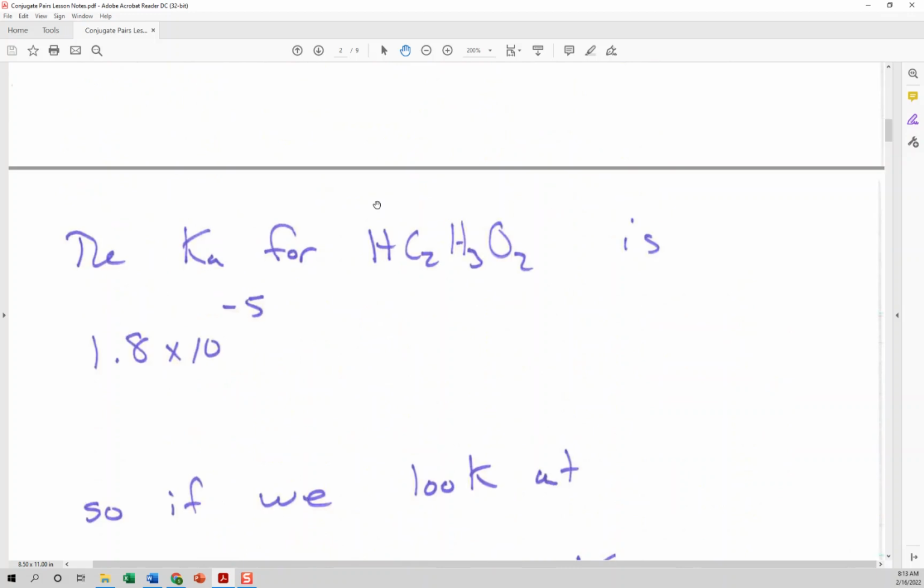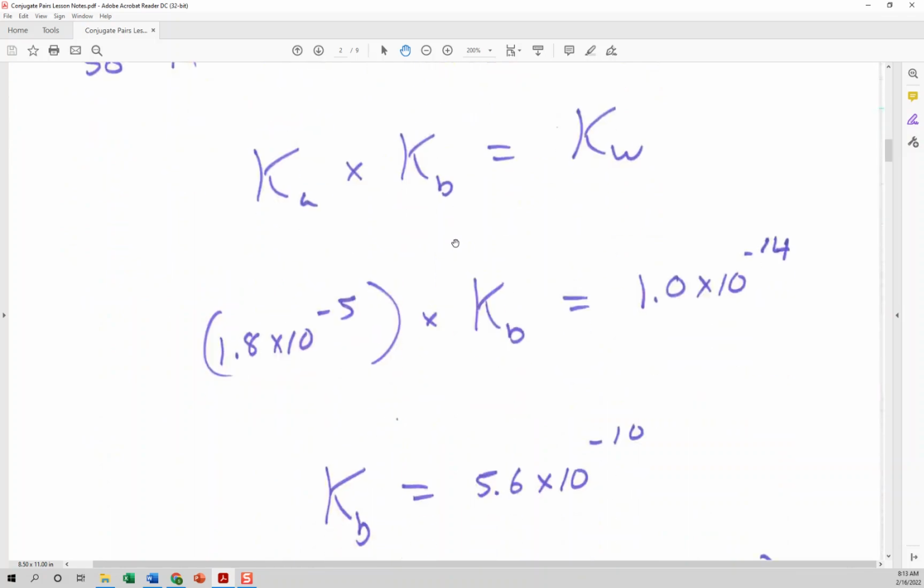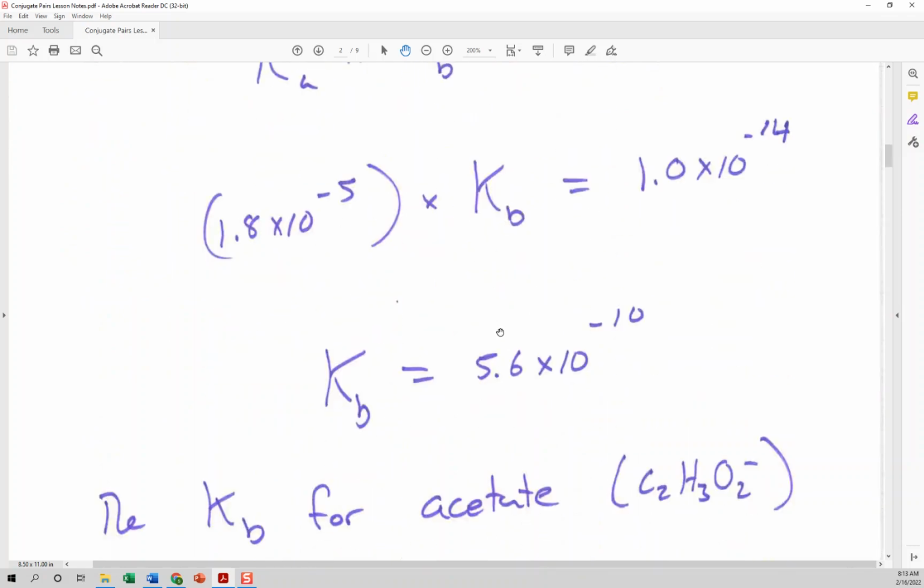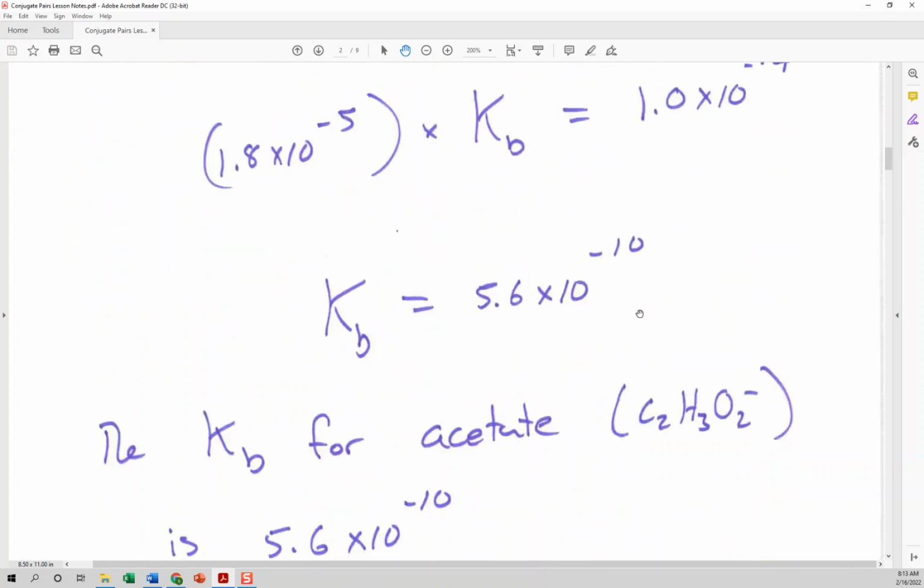And I know that because this is a weak acid, its conjugate pair, acetate, is a weak base, right? The conjugate of a weak is weak, okay? But I can use this equation to solve for the Kb and just see how weak of a base it is. All right, remember, the higher the Ka, the stronger the acid, the lower the Ka, the weaker the acid. The same thing's true about Kb. The higher the Kb, the stronger the base, the lower the Kb, the weaker the base.